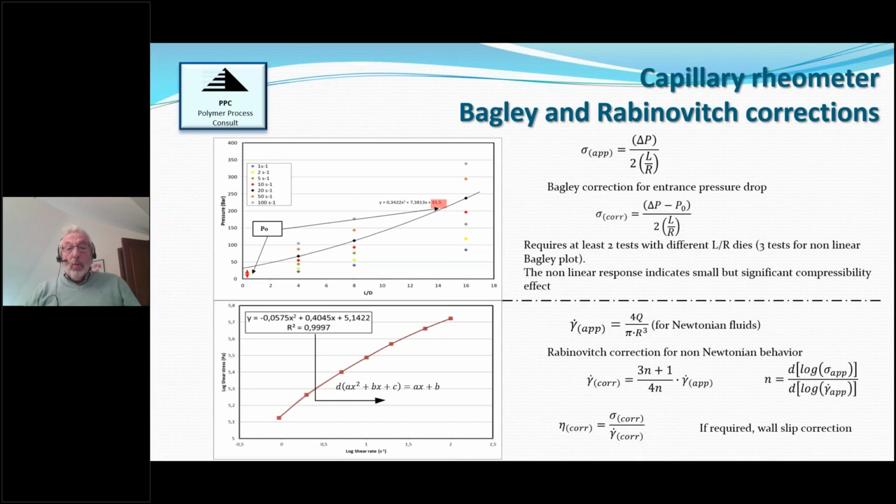For the correction, it has to be multiplied by (3n plus 1) divided by 4n, n being the slope of the log shear stress versus the log shear rate. The ratio of the corrected shear stress to the corrected shear rate theoretically gives the corrected viscosity. But this requires wall slip correction if necessary.